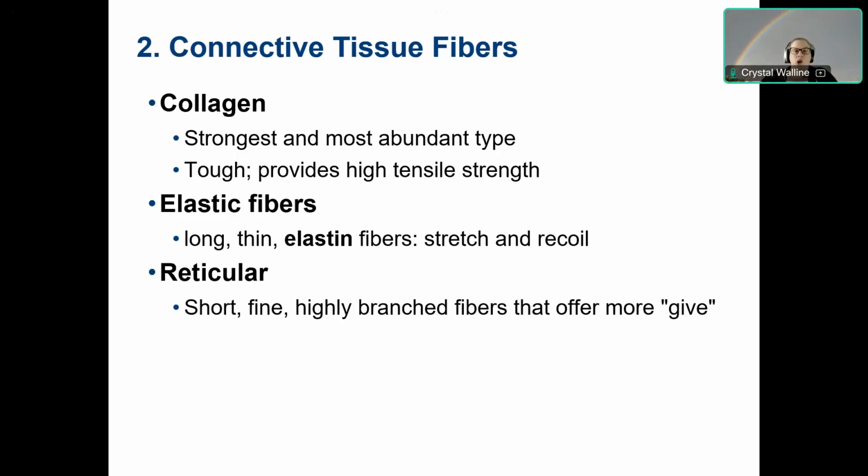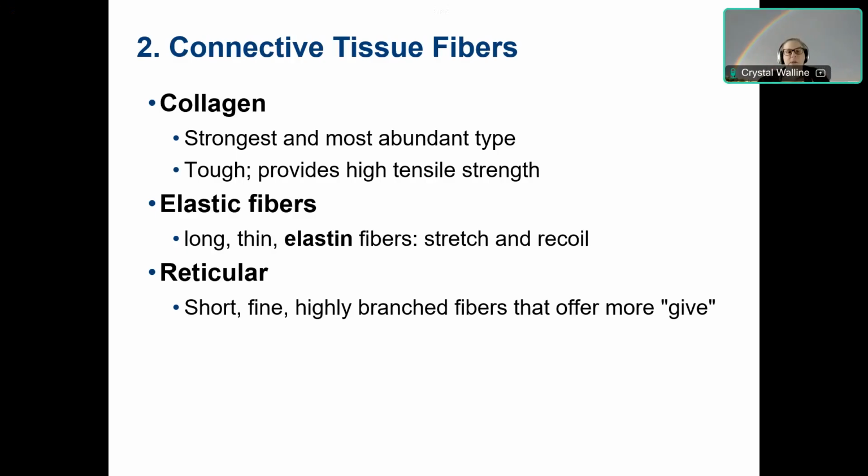Collagen is the strongest connective tissue fiber in your body, and it's one of the most abundant proteins in your body. There are lots and lots of different subtypes of collagen, and they all are found in different cells and tissues and have slightly different functions. Collagen is very strong and provides a lot of tensile strength, like strength when stretched.